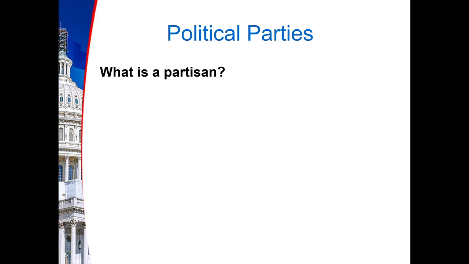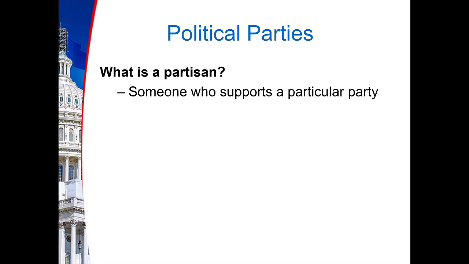Okay, so what is a partisan then? You'll hear this term partisan, and a partisan is someone who supports a particular party. We measure what's called partisanship, which allows us to understand what percentage of people are supporting a particular political party.